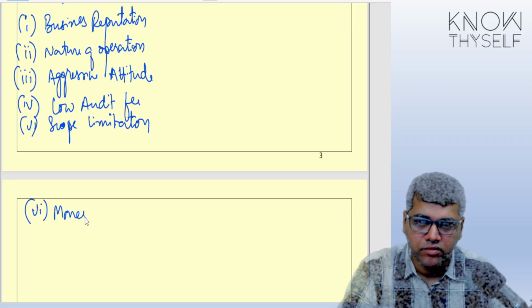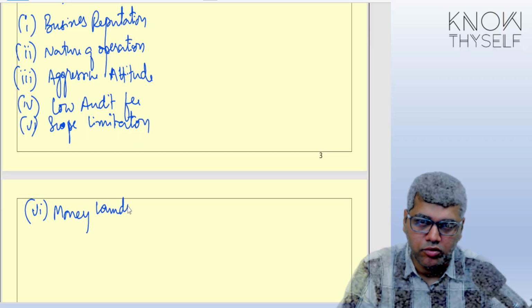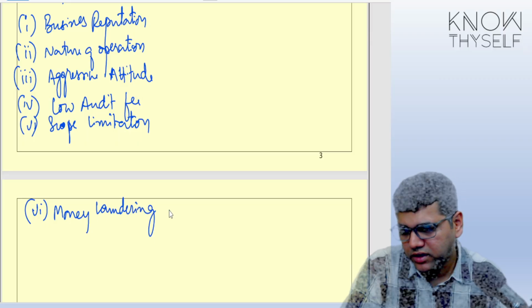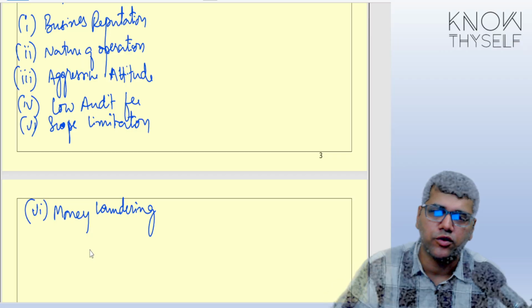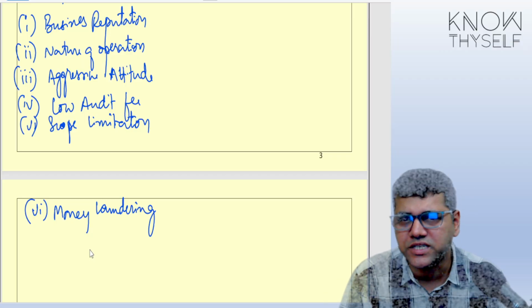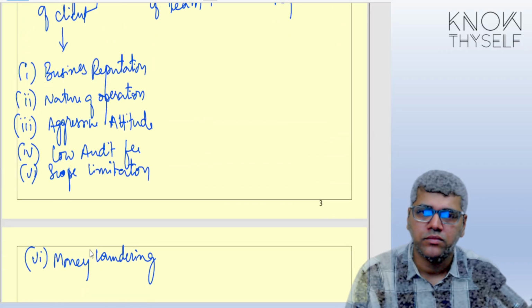Money laundering. So these are all the cases. Then you have one more thing, like non-appointment or reappointment of the old auditor. Any five instances are sufficient for you to remember.